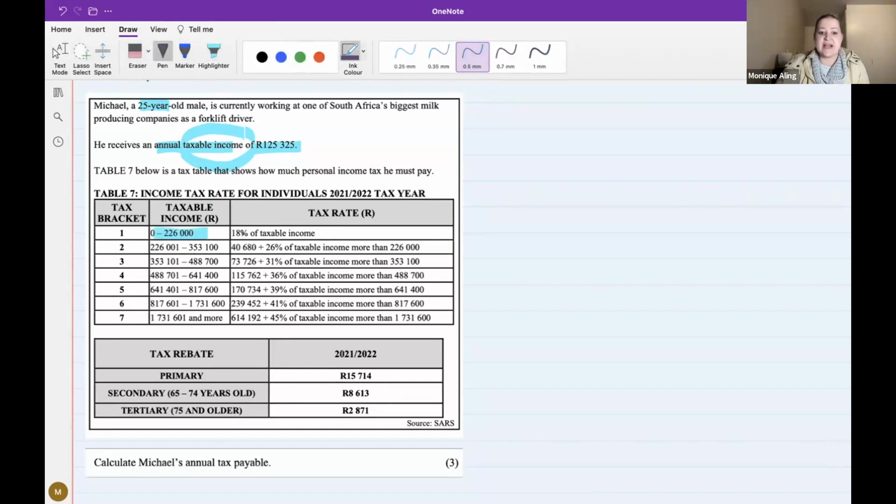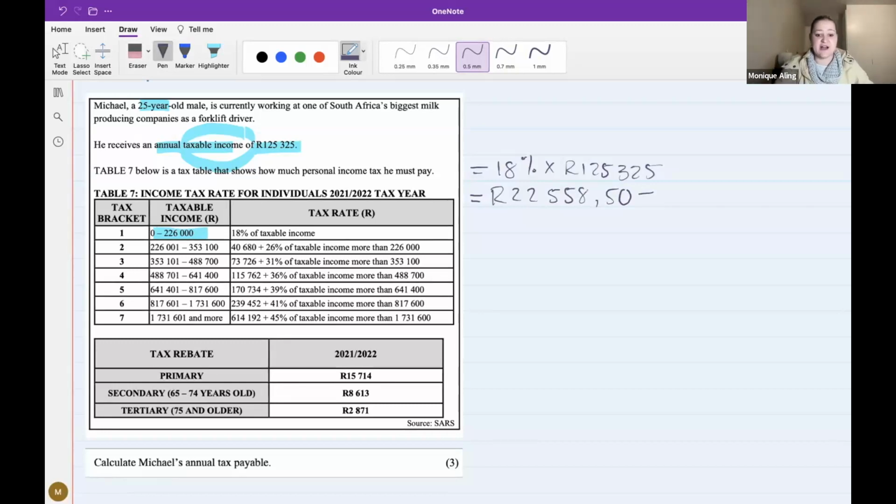Because all we do is say 18% of his taxable income, 18% of means times. So it's 18% times by 125,325. Okay, and we get an answer of 22,558,50. Then the next step is minus rebates.